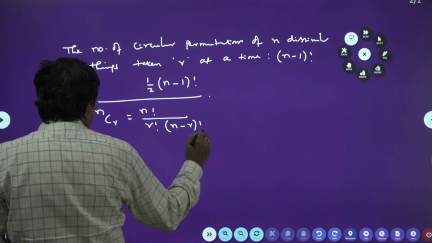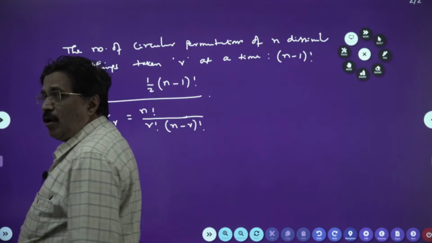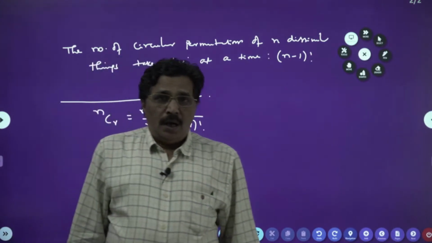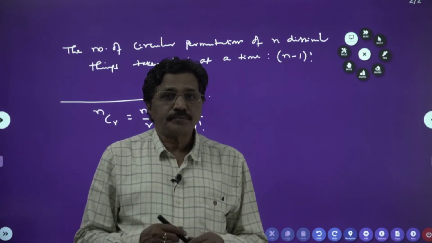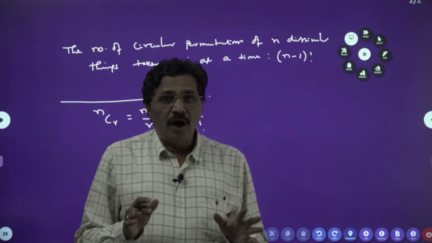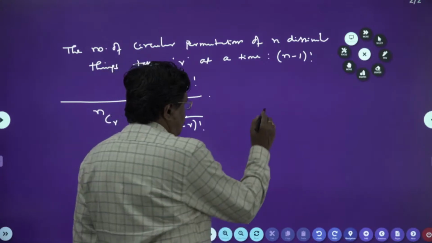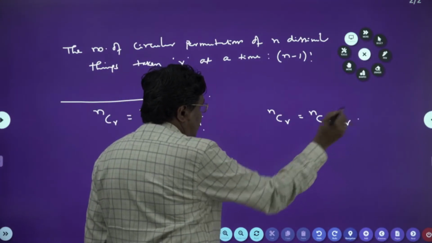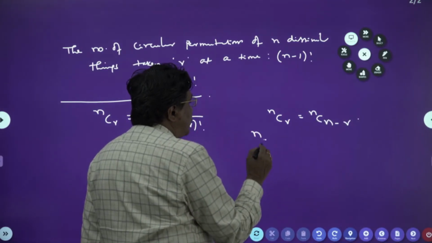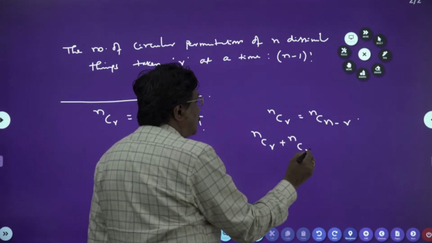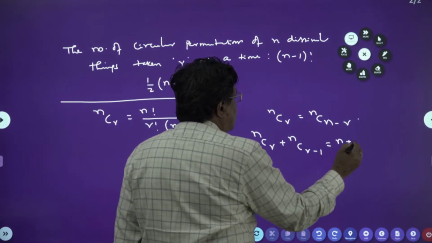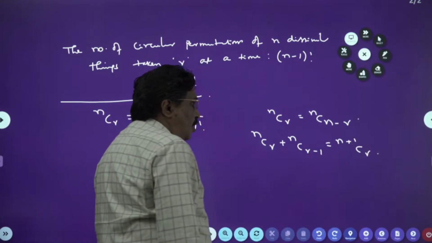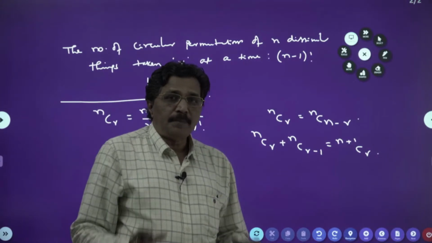And nCr is equal to nC(n minus r). A very useful result. And another thing is nCr plus nC(r minus 1) is equal to (n plus 1)Cr.